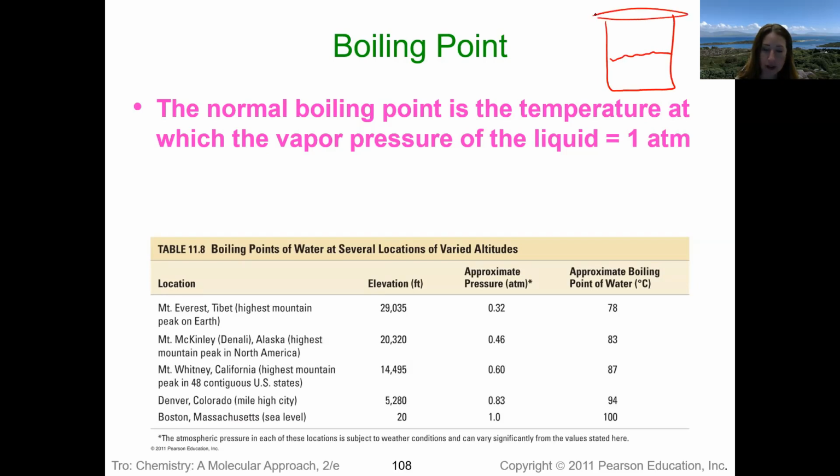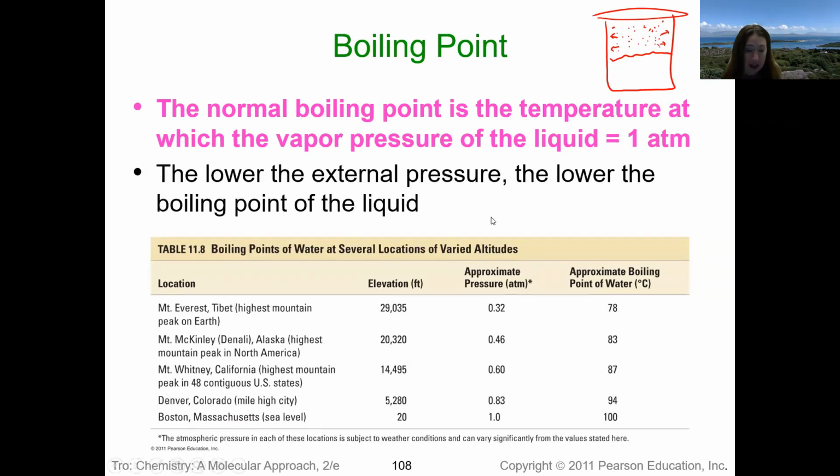When the number of molecules above a liquid, and remember pressure is just molecules hitting the side of the container, is the same as outside, that's when something boils, right? The lower the external pressure, the lower the boiling point.